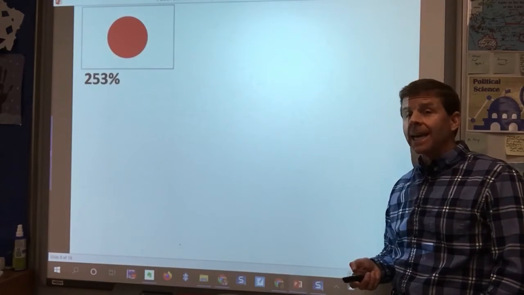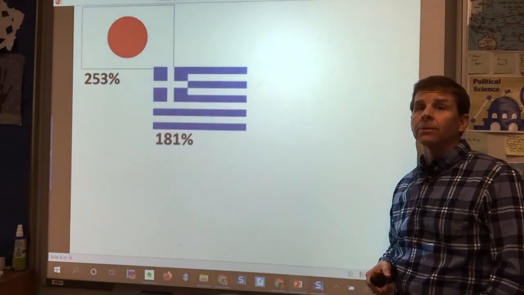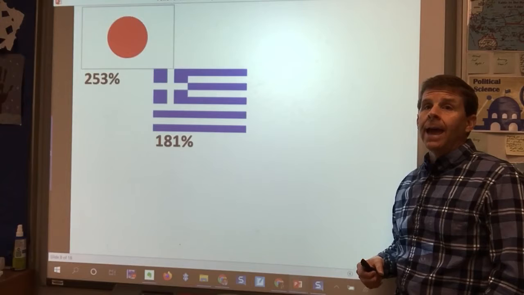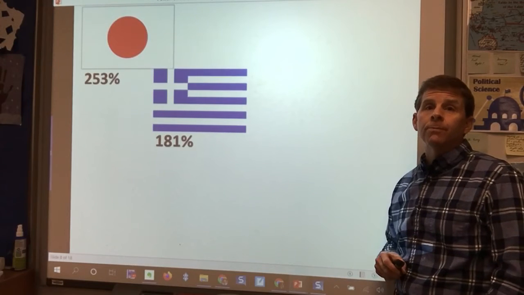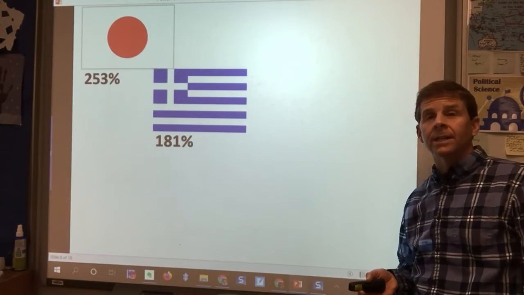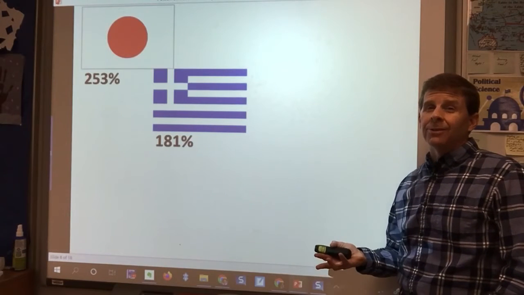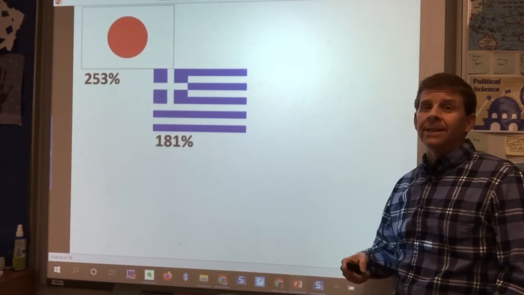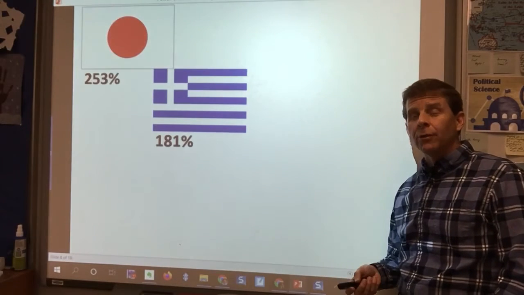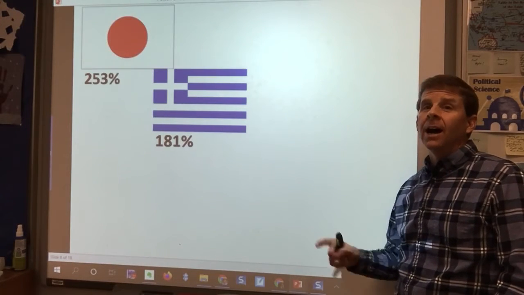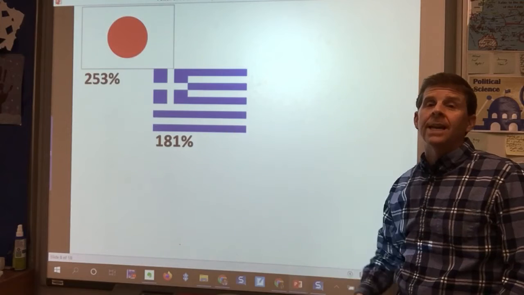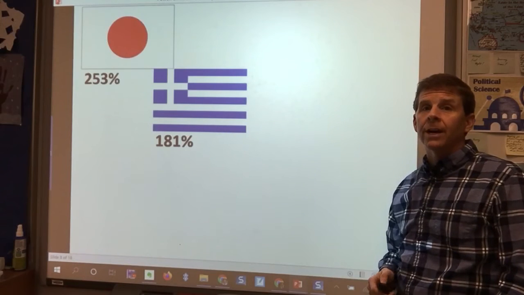Just to find second place, you'd have to drop about 70 percentage points and look at Greece, which is at 181%. And those are even outliers, because even getting down to third place, Italy, somewhere in the 130% range, these are definitely the two biggest debt-to-GDP ratios in the whole entire world.